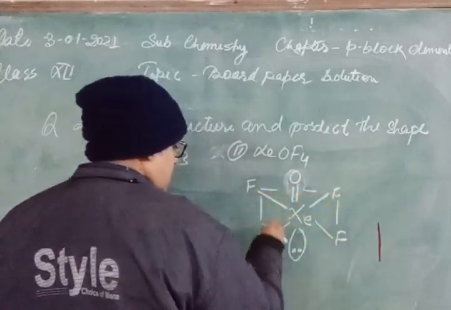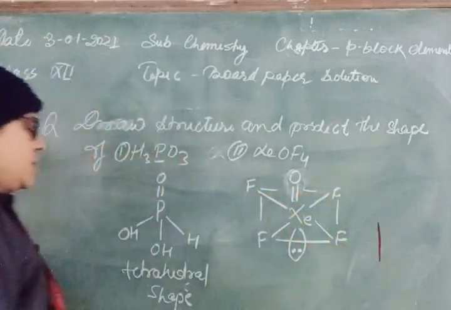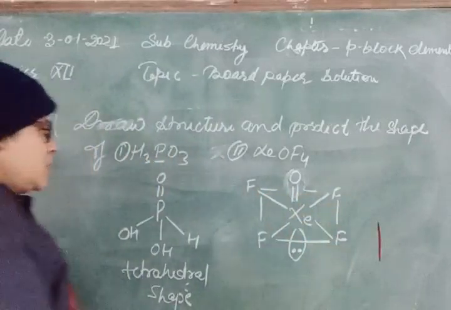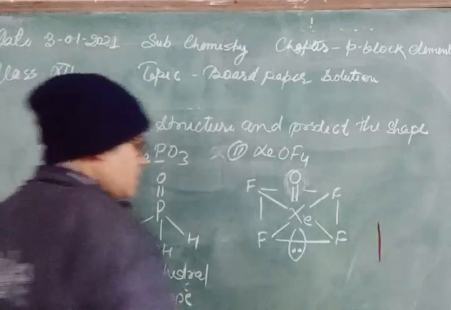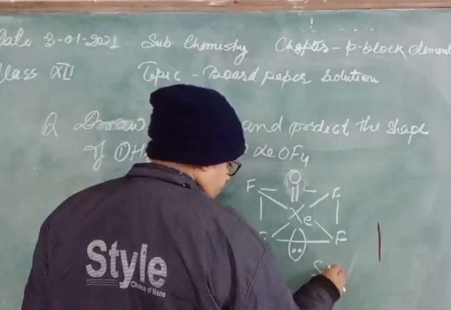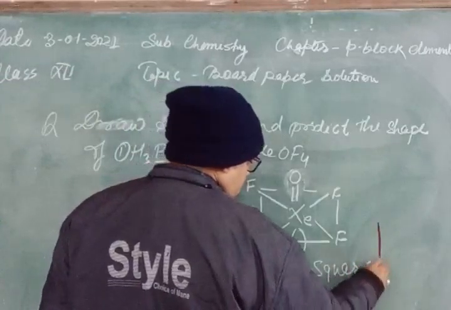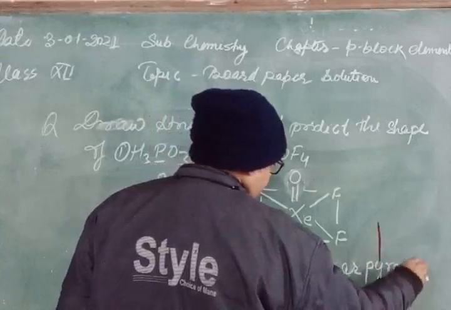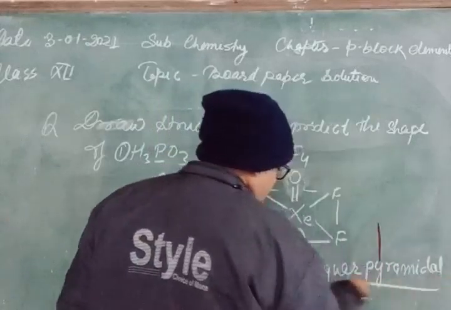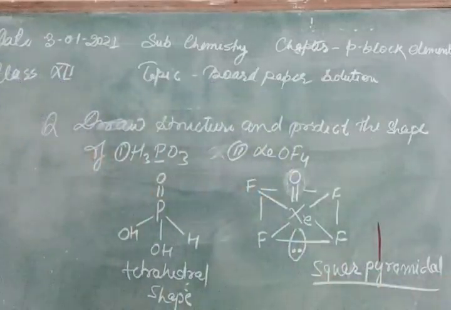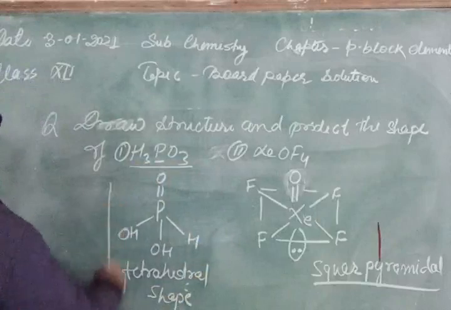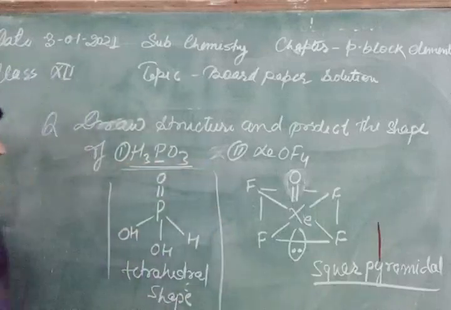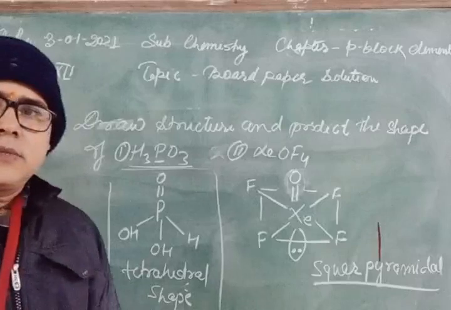According to geometry it should be octahedral, but it is distorted octahedral, or you can say square pyramidal. Note down. The structure of H3PO3 is tetrahedral shape, and the structure of XeOF4 is square pyramidal.